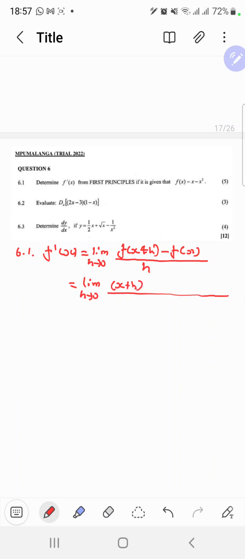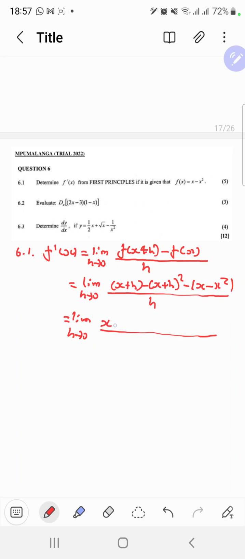x plus h minus x plus h squared, minus x minus x squared, all over h. I like to work this thing as a whole. Limit as h tends to 0. Then of course we sort this out.